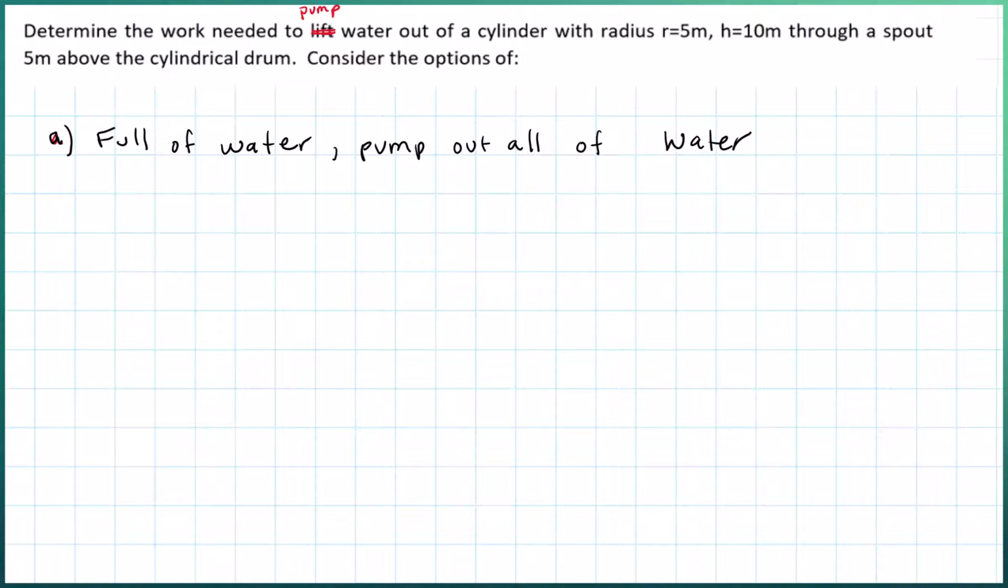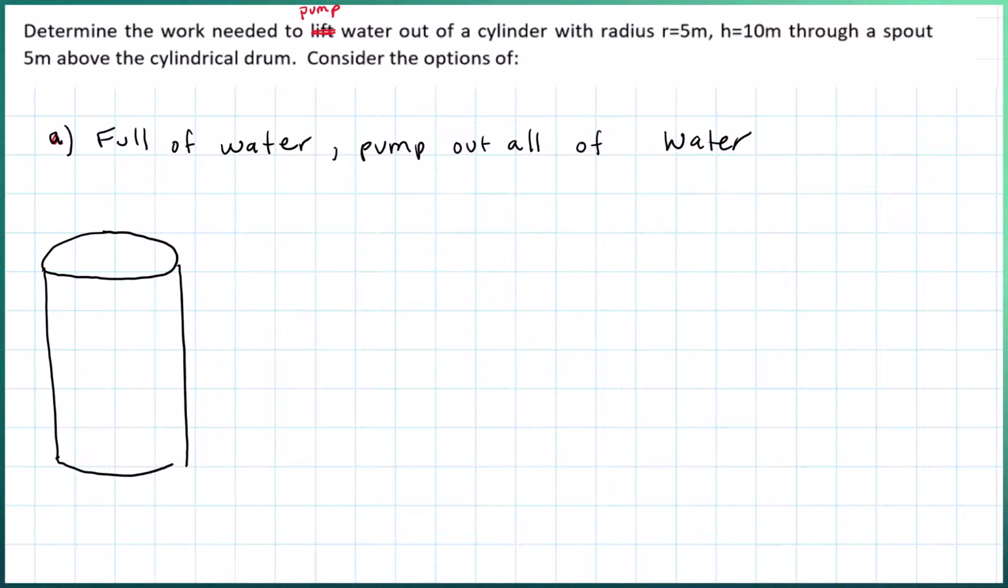So let's consider what this looks like. We have a cylindrical drum, it's holding water. We'll assume that it is straight up and down, not on its side. And so we've got something that looks like this. It does have a spout out of the top of it that is an additional distance that has to be lifted, but we will assume there's no water in the spout.